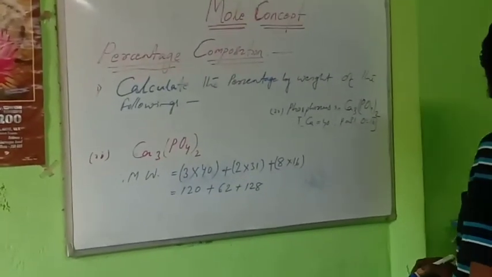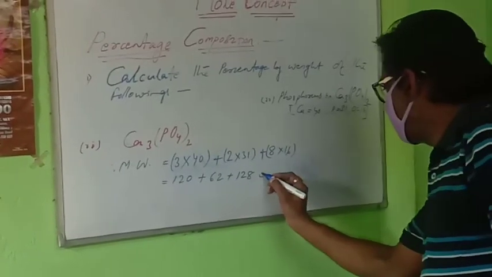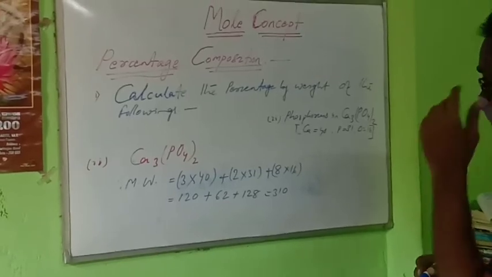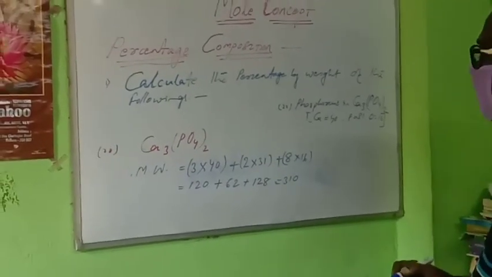Now you add all three and you get 310. This is the molecular weight of calcium phosphate.